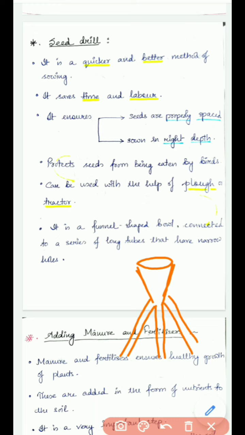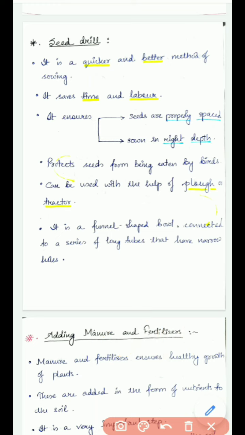If you have more tubes, you can sow more seeds in one time. You can sow a lot of seeds, but the traditional method only allows you to sow one seed at a time. So in this way also it's very helpful for the farmer. If you have understood this, let's move to the next topic.